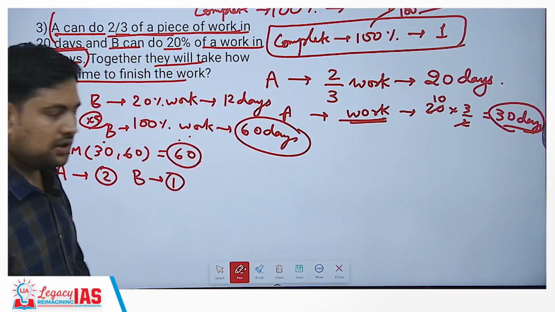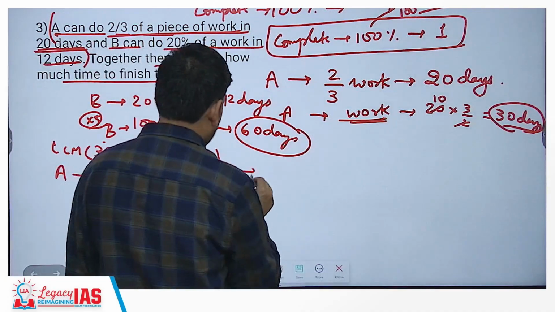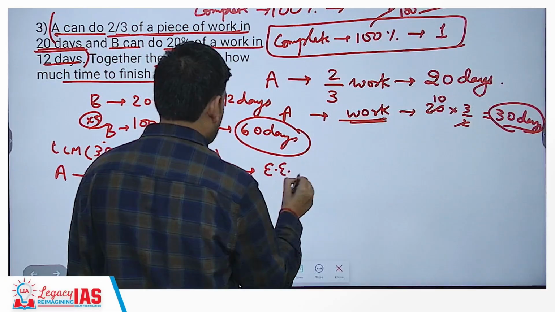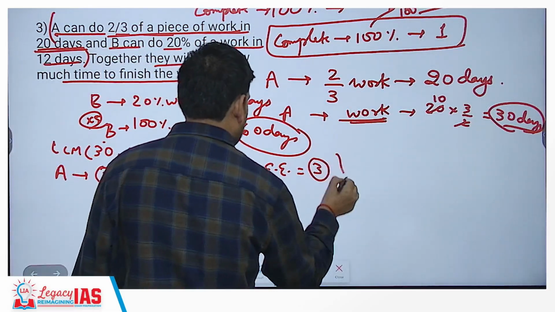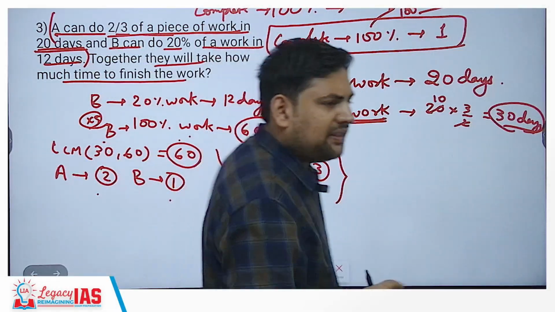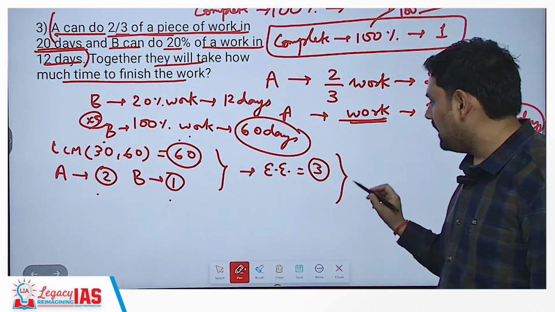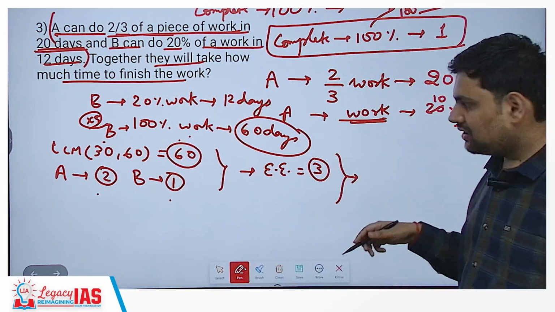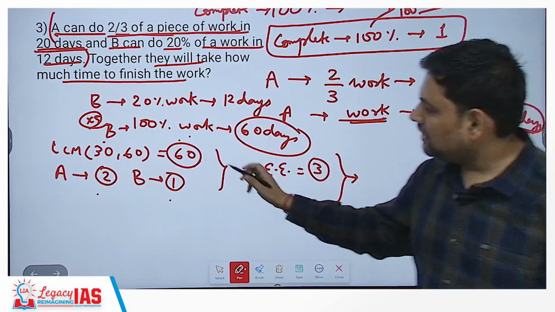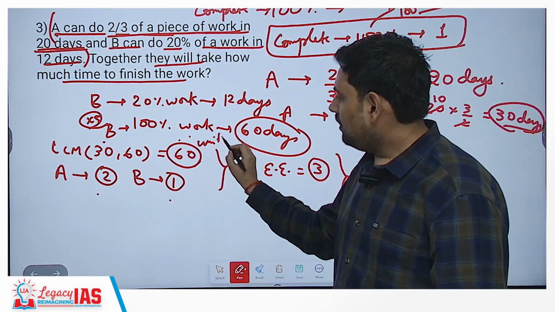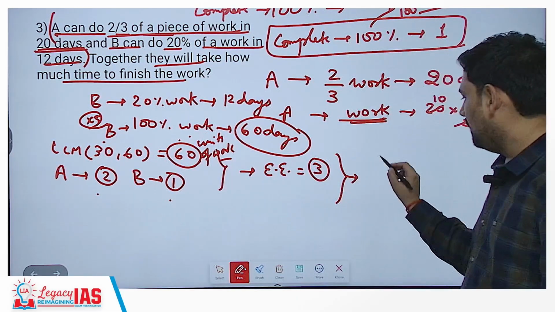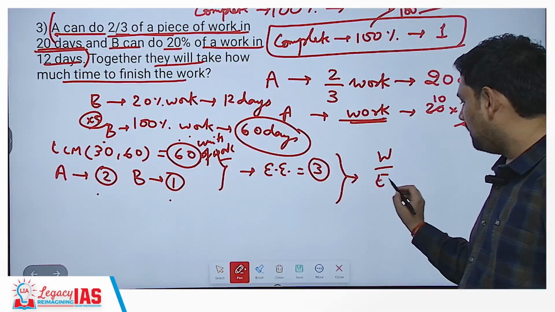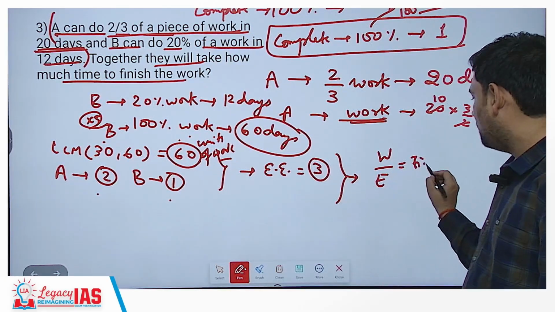Now they are working together. Okay, let them work together. Then effective efficiency becomes 2 plus 1, that is 3. Now if effective efficiency is 3, you need to find how much time they will take to complete the work. The LCM that you got, 60, is the total units of work. Work upon efficiency is the time.